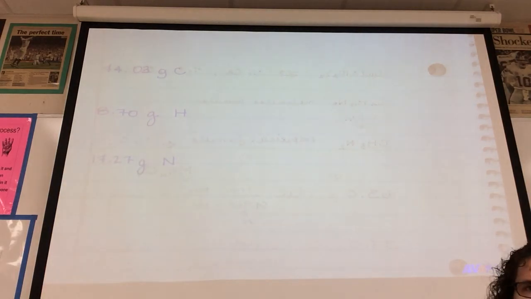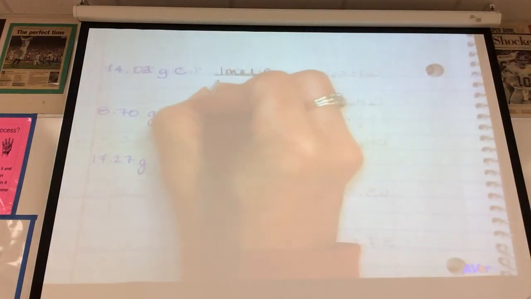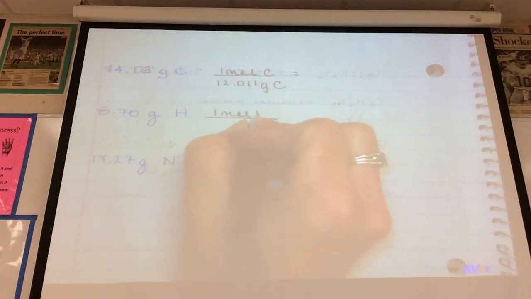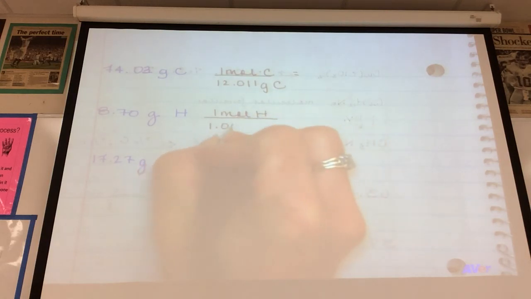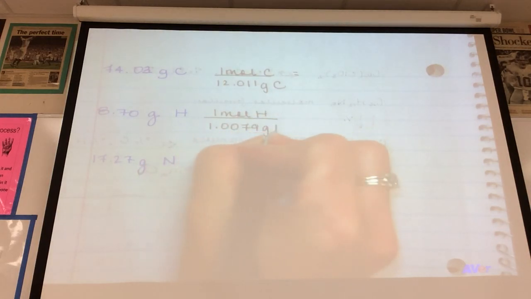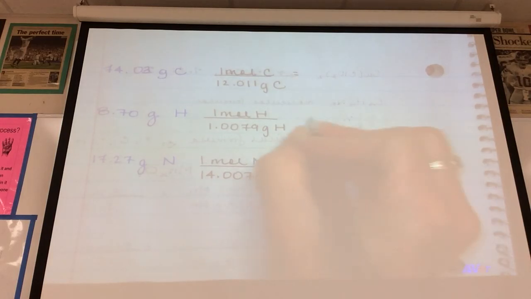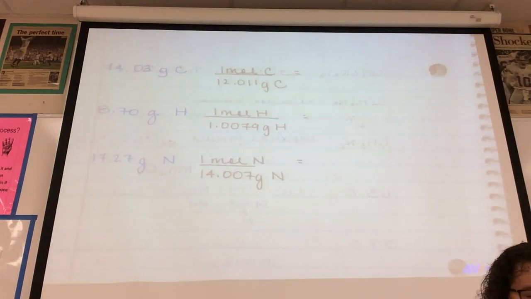What do we do next? Convert mass to moles. So 1 mole of carbon to 12.011 grams of carbon. 1 mole of hydrogen to 1.0079 grams of hydrogen. 1 mole of N, 14.007 grams of N. And we're going to get moles of everything.